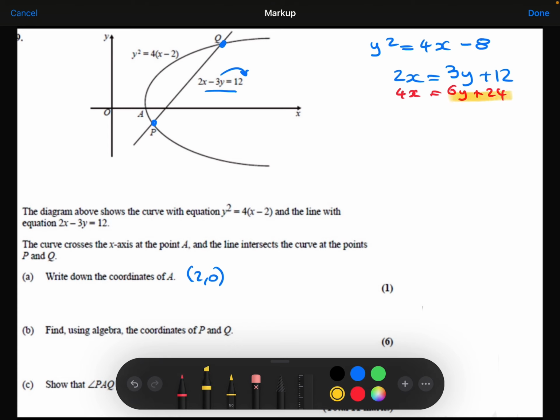And now I can write this instead of the 4x here. Obviously, lots of different methods you could use for these simultaneous equations. This is just the way I'm choosing to do it.